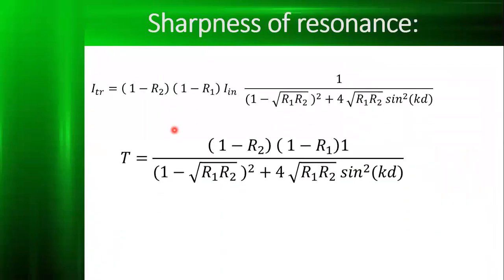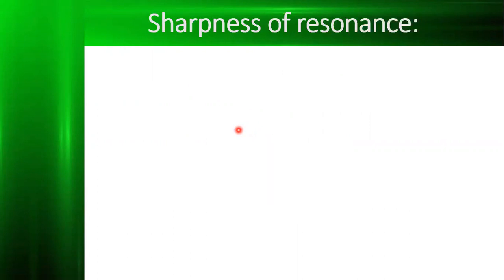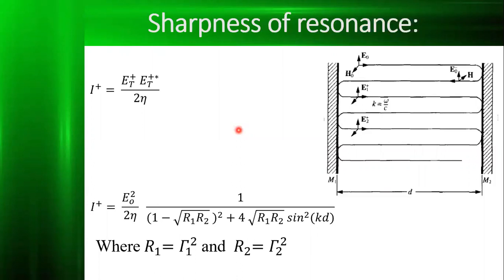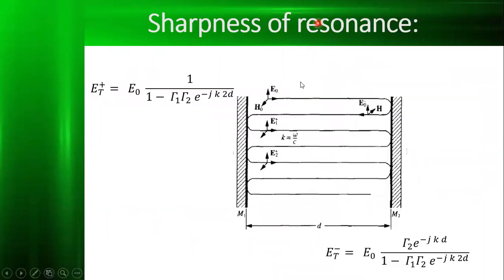Using all these mathematical expressions, and by a somewhat long mathematical derivation that we made together in the previous lecture, we reach this very important equation. This important equation represents the total transmission of the optical cavity. Again, the definition of the transmission is the amount of energy transmitted from the cavity.